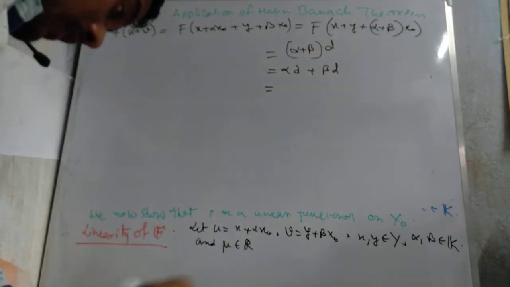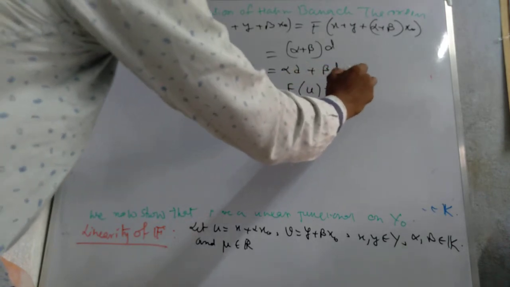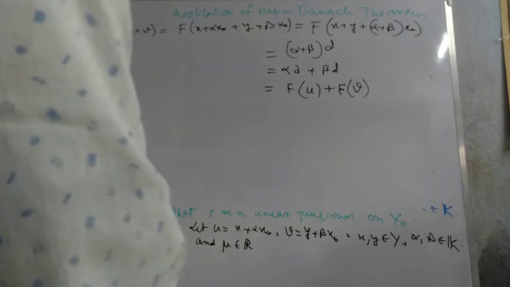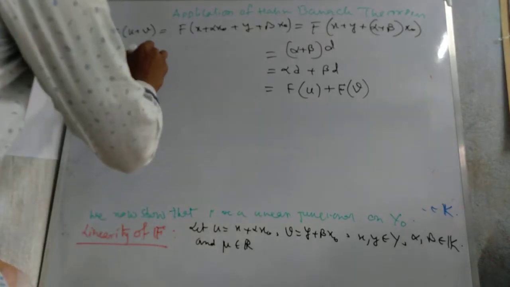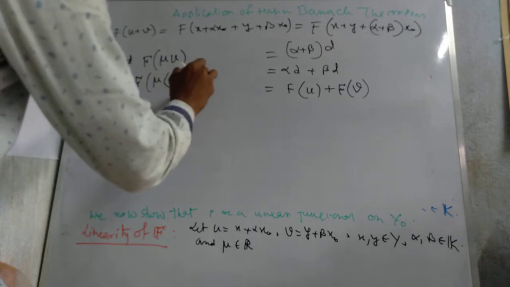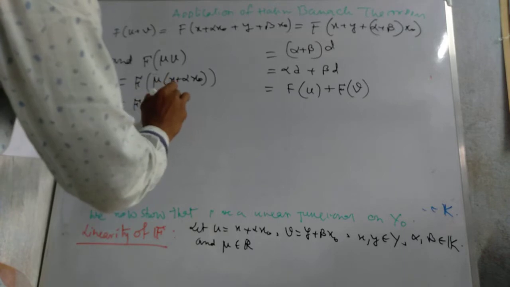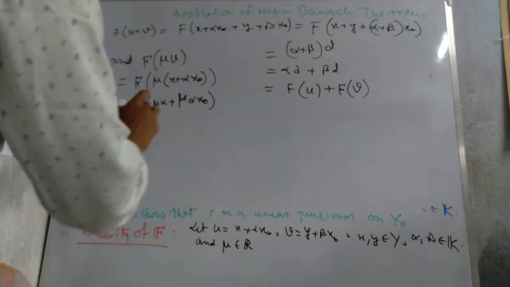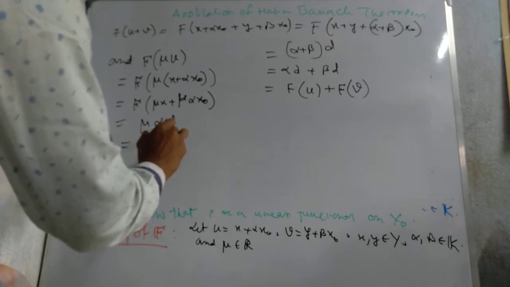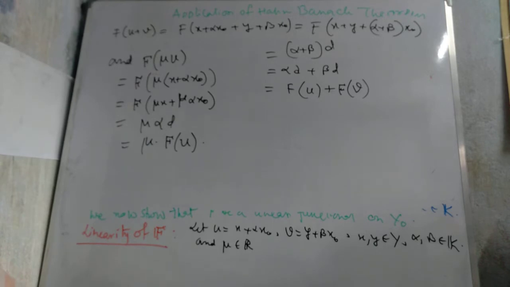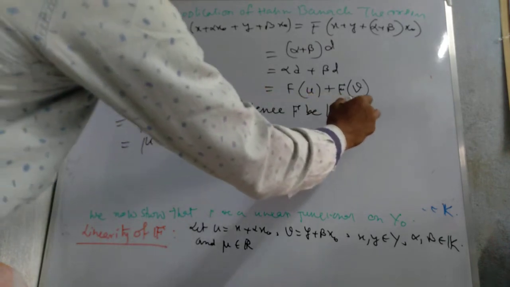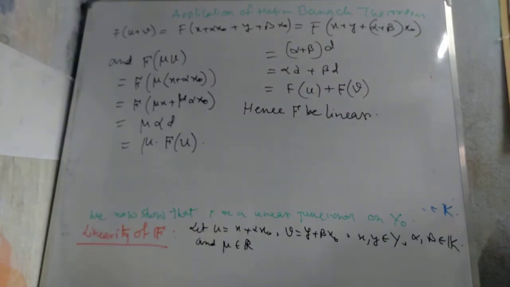This one, alpha d, equal to f(u), and beta d equal to f(v). And f(mu u) equal to f(mu x plus mu alpha x0) equal to mu alpha d, which equals mu multiplied by f(u). Hence f is linear.